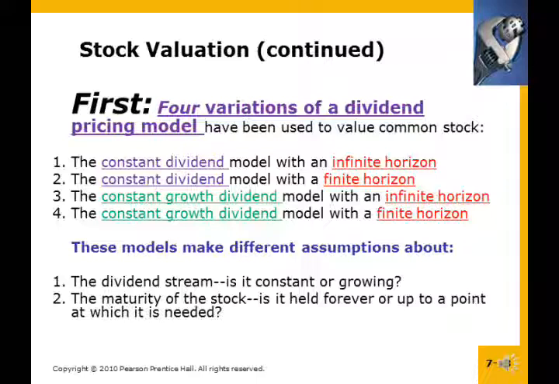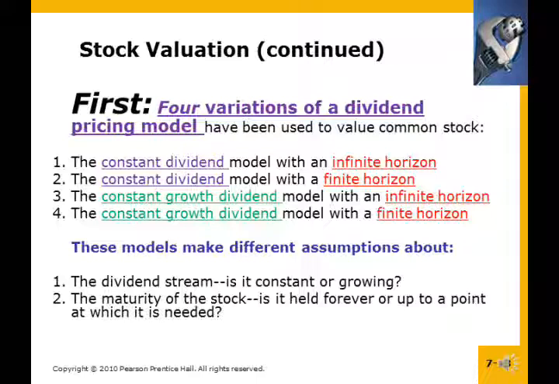The first one is the constant dividend model with an infinite horizon. In this model, you will have constant dividend, fixed dividend, with no maturity date, infinite horizon. The second one is the constant dividend model with a finite horizon. We have constant dividend, fixed dividend, but with maturity date.